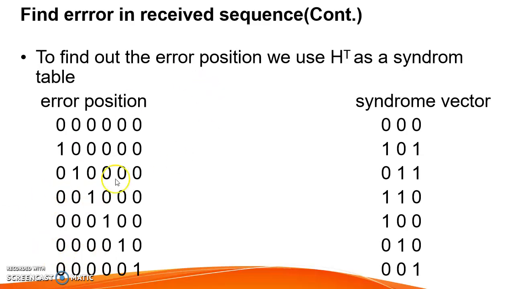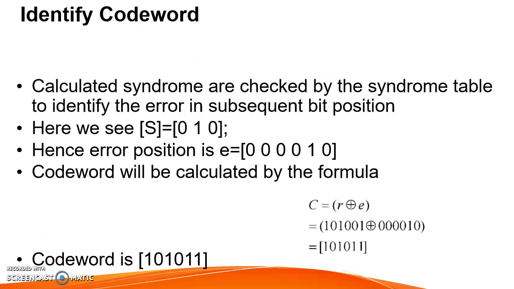Therefore we have to check in which bit the error occurs for this error syndrome. So 0, 1, 0 is seen here, and for the corresponding syndrome vector we consider the error position, which is here 0, 0, 0, 0, 1, 0. After identifying the bit position of the error, we have to calculate this part.